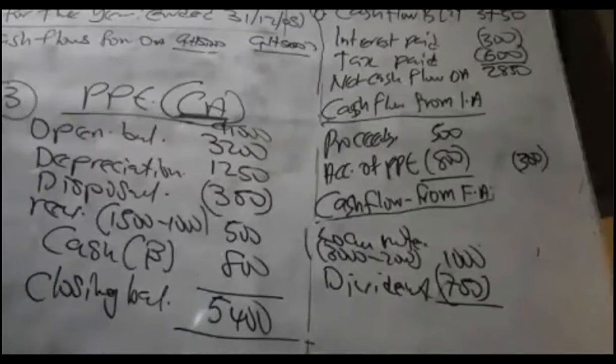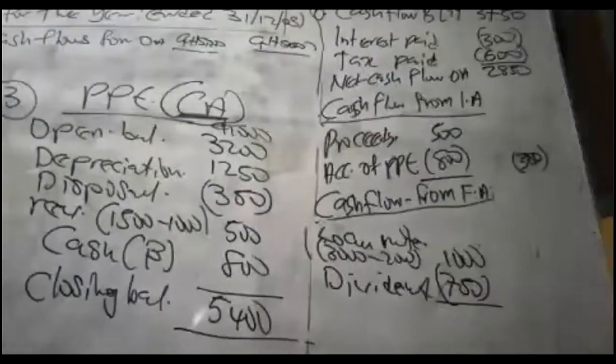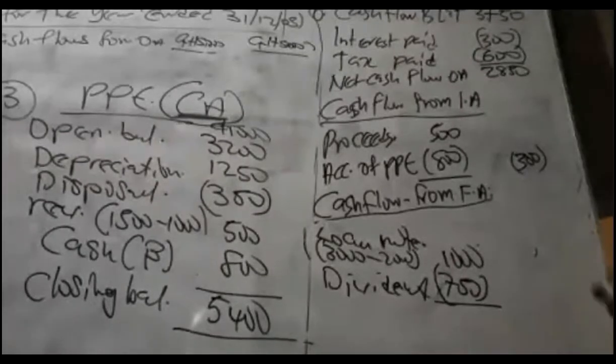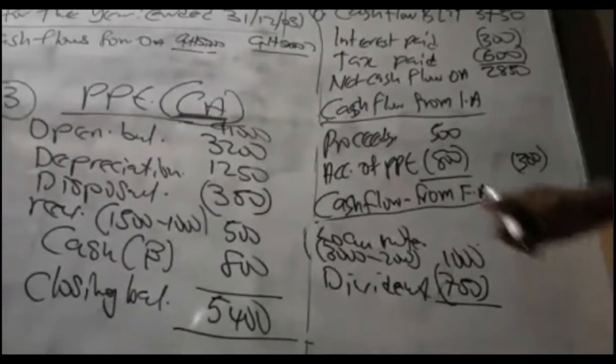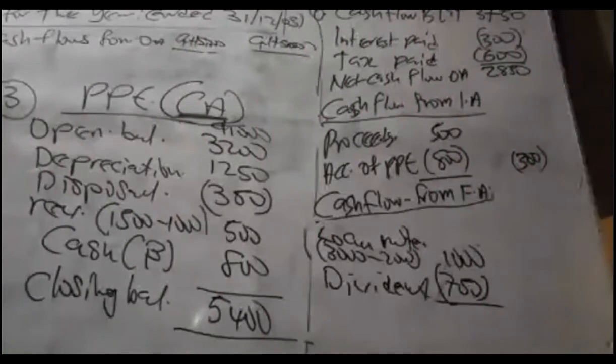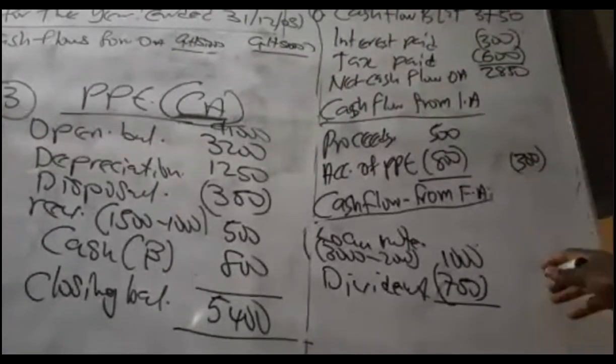From financing. So net cash flow from financing. That'll be 250, right? But you're supposed to write net cash flow from financing activity. So here we record 250 positive.